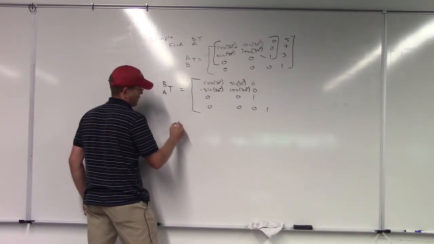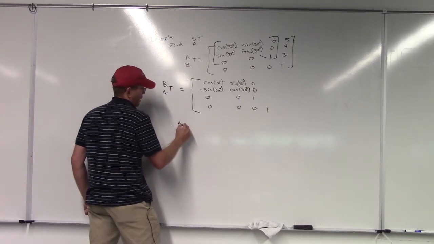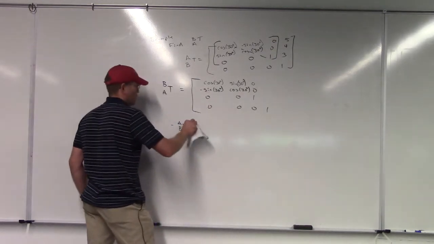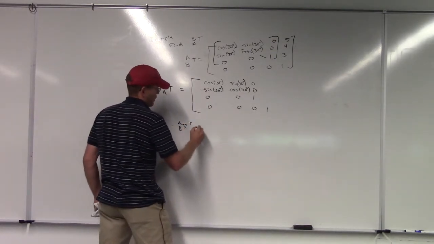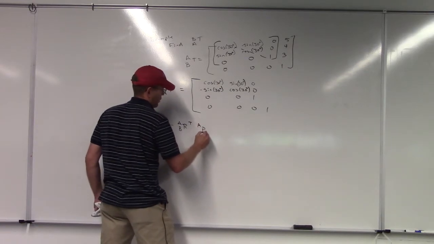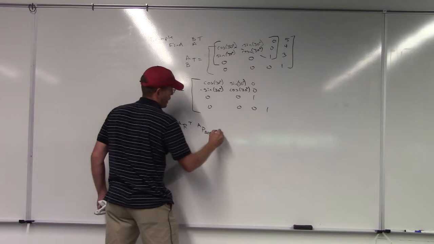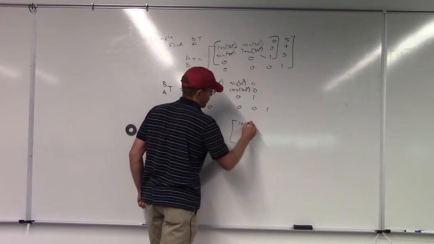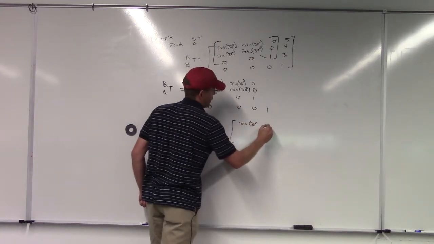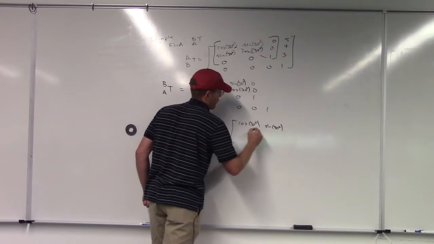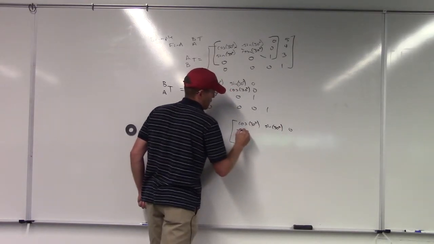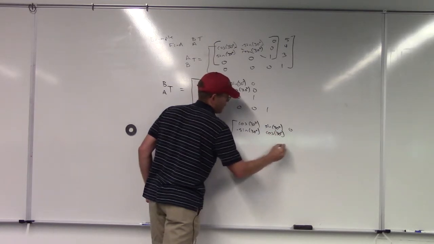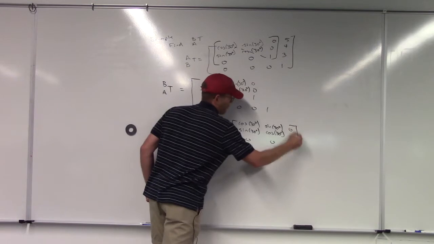So minus the rotation from A to B transpose, times the position vector from A to the origin of B. And so we have cosine of 30 degrees, sine of 30 degrees, 0, negative sine of 30 degrees, cosine of 30 degrees, 0, 0, 0, 1.